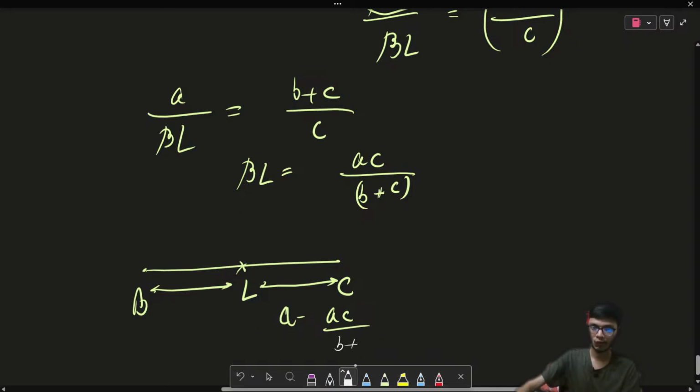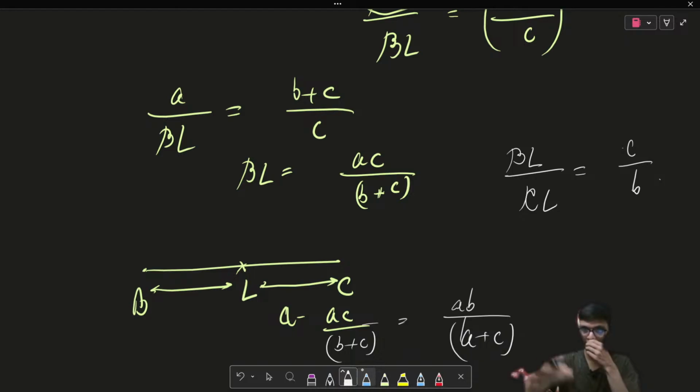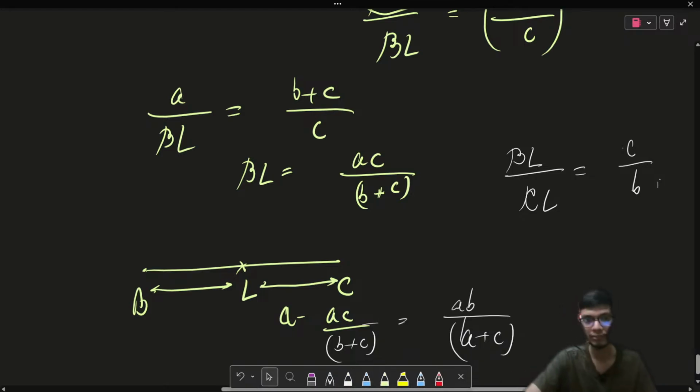So that will come out to be AB upon B plus C. So this is the ratio. So we have obtained the ratio of BL upon CL, that is nothing but again C upon B, right, which you have already seen.